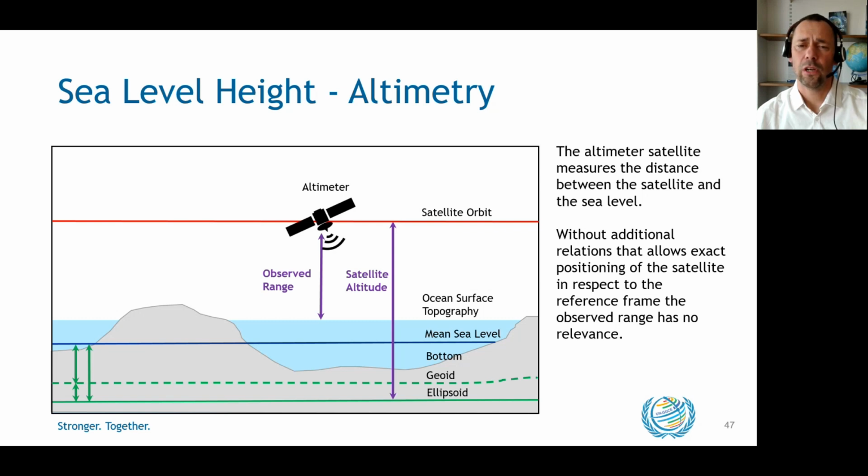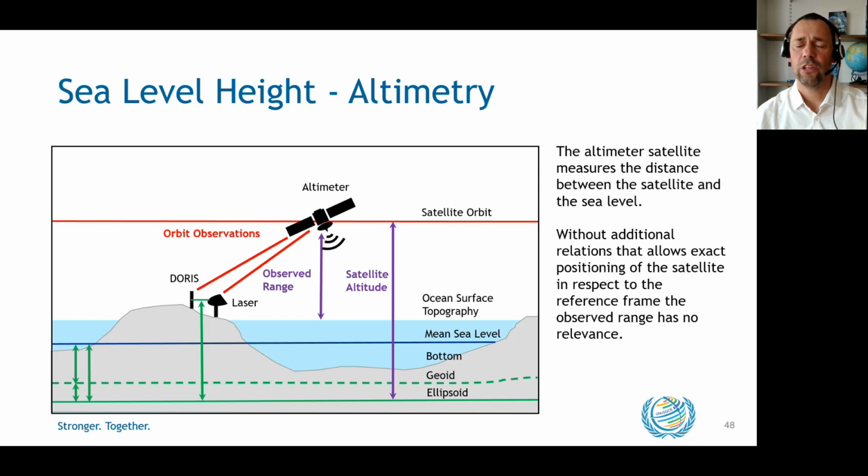But how to measure satellite height? For this, we need referenced ground stations, meaning stations with exact relation to the reference frame that observe continuously the flying satellite. Geodesy uses different techniques for observing satellite positions and orbits.